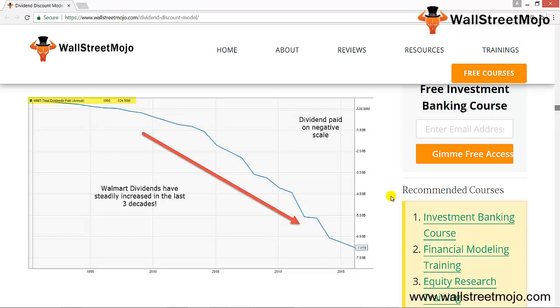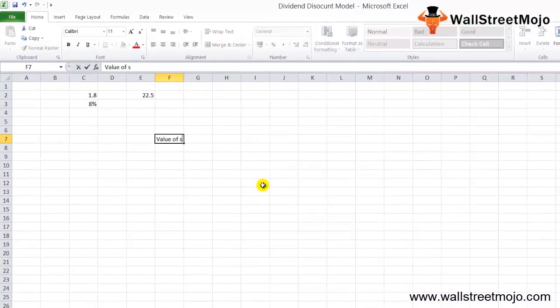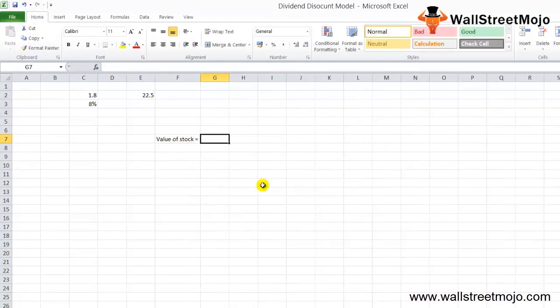Now let's see Gordon's growth formula as per his theory. The value of the stock is equal to D0, the dividend at the beginning of the year, multiplied by one plus the growth of the current year, divided by KE, that is the weighted average cost of capital or the cost of equity, based on what you are evaluating, less the growth.